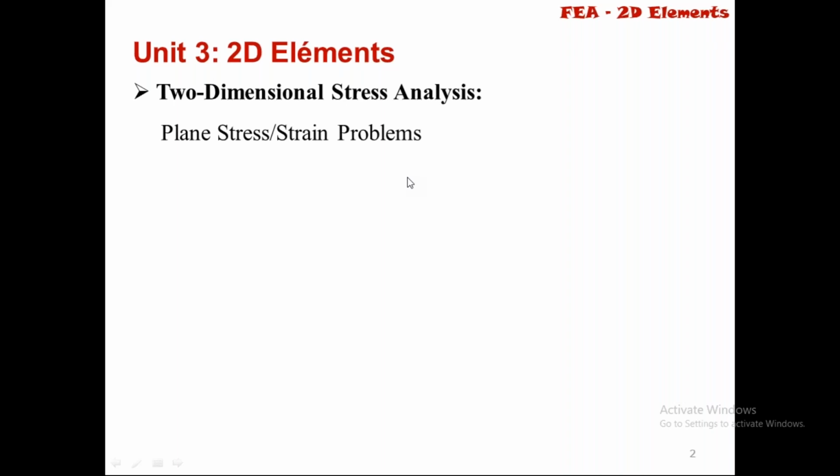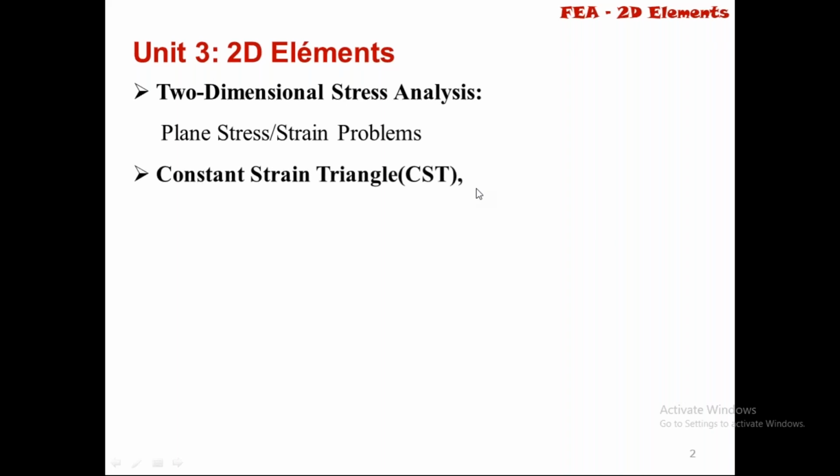And in case of 2D, stresses in x direction and stresses in y direction, that is we consider the xy plane, so that is plane stress condition. And similarly that same problem can be considered as a plane strain problem, because deformation takes place in x and y direction only. In that case stress and strain in z direction are considered as 0. So a single problem we can consider as a plane stress and plane strain problem.